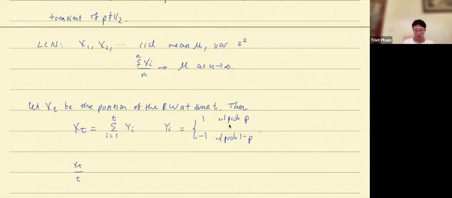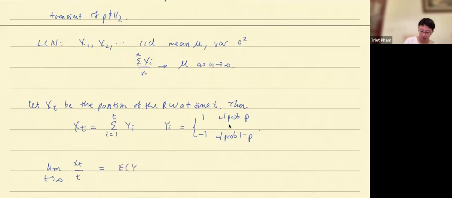If you divide by t, which is exactly what this is, and you take the limit as time goes to infinity, you should get the expectation of the individual term of the sum, which is the average step size. But what's the average step size? It is p plus p minus 1.